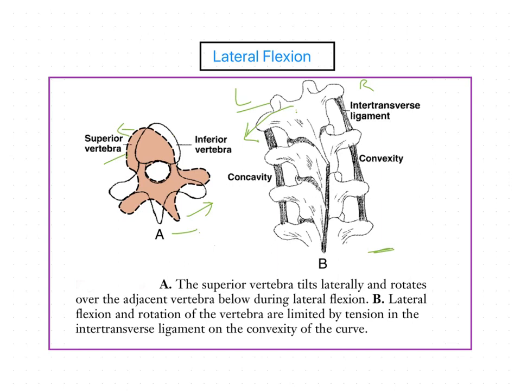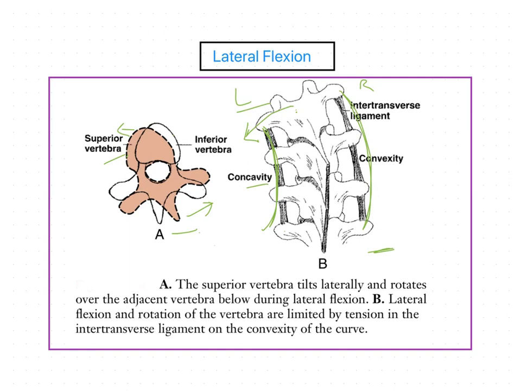On the same side we can find a concavity. On the right side we can find the convexity. These are the two curves we can observe during lateral flexion. On the same side we find concavity, and on the contralateral side we can observe the curvature called convexity.